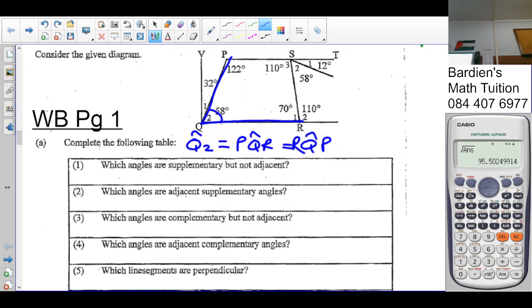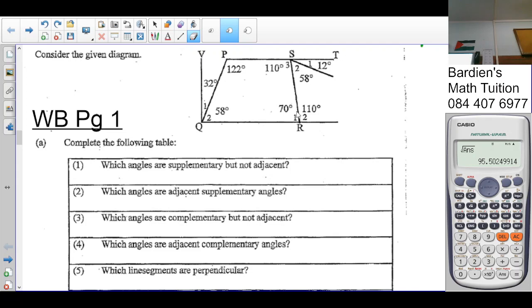Do one more. This angle here is what? Angle P. It can be written like that.